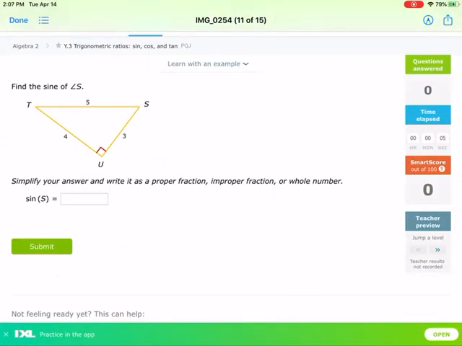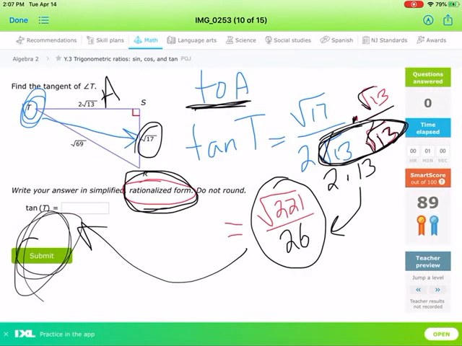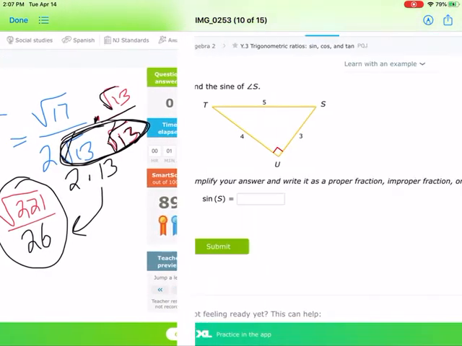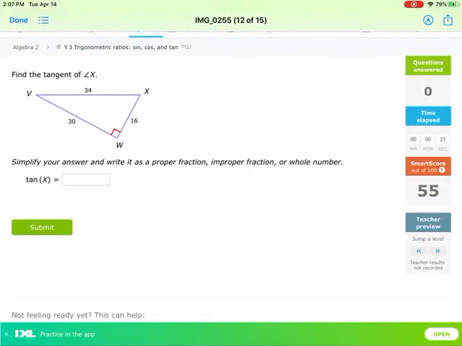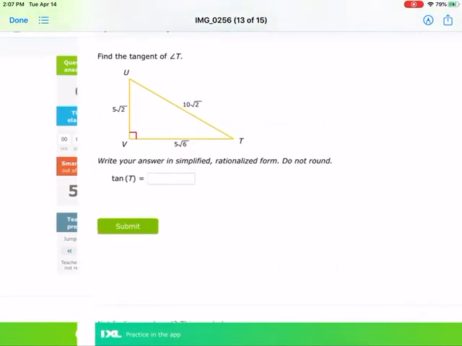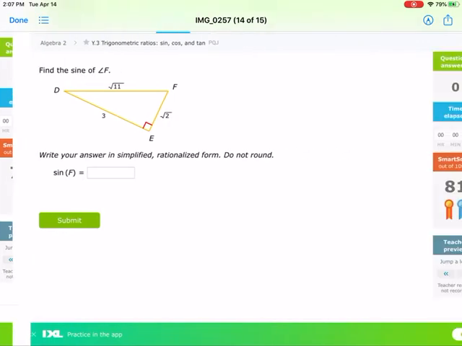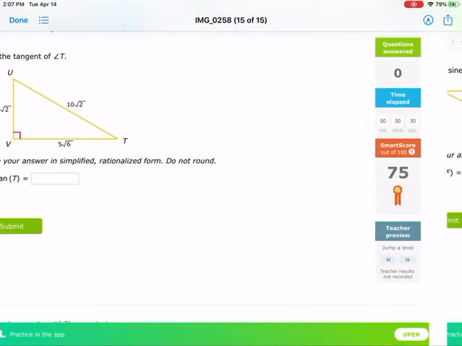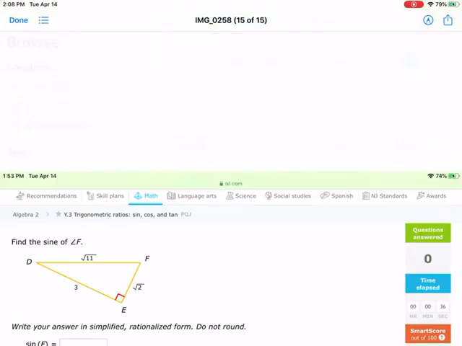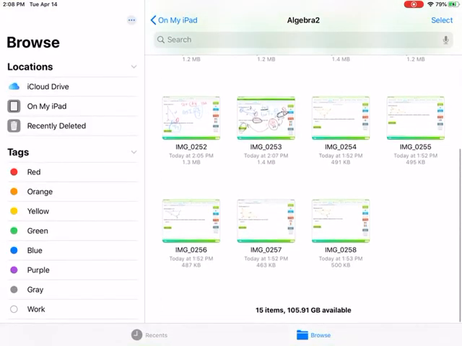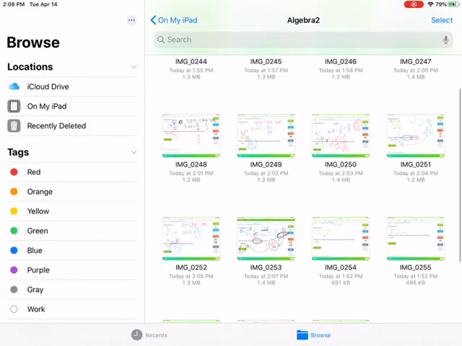Okay, Y3. Wait, what? Y3 again? This was Y3. Apparently I did Y3 twice. Okay, I don't want to do Y3 twice, so I'm going to go back to IXL.